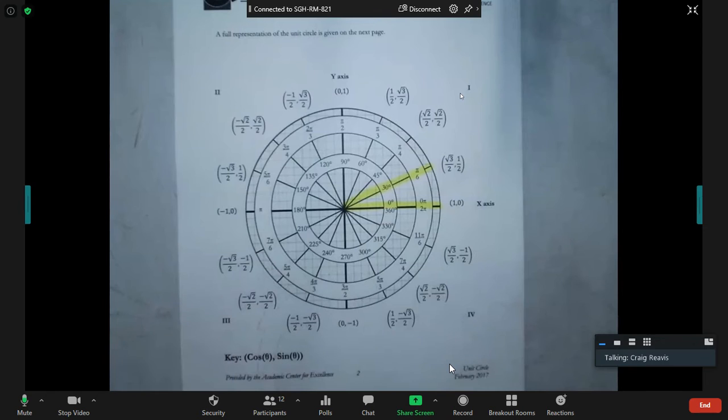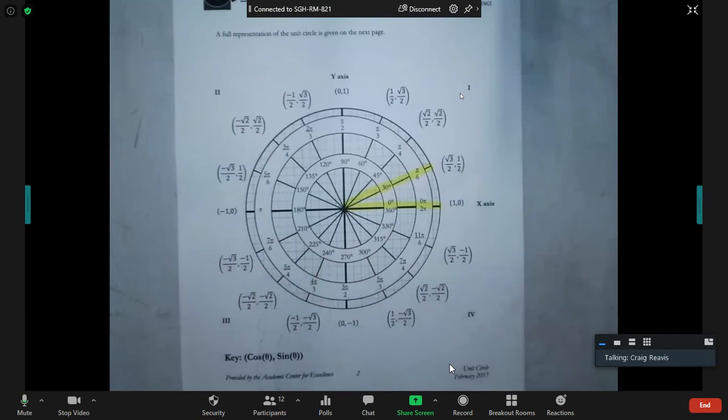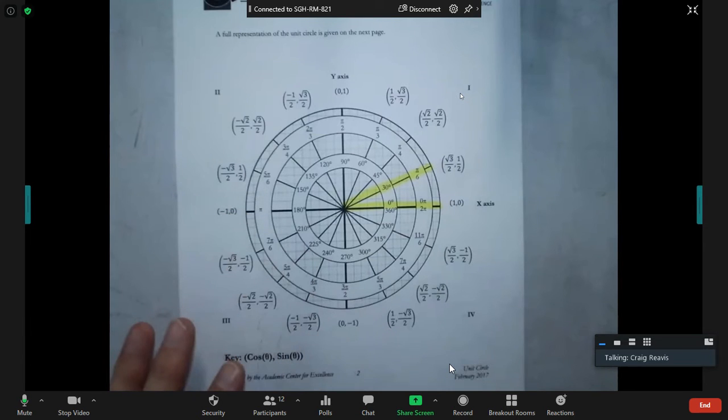What do we know about the y coordinate, which is the sine? We know that y coordinates are negative when it's below the x-axis, right? Which is quadrant 3 and 4. So any sine for any angle from 180 to 360, we know that that is a negative answer, okay?